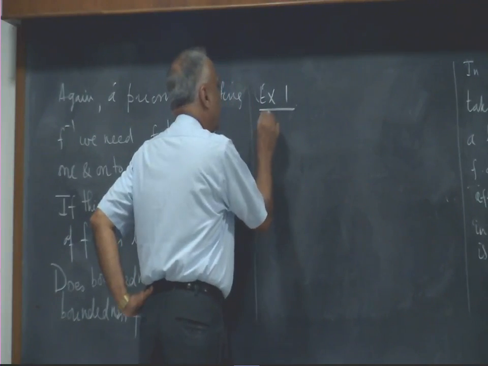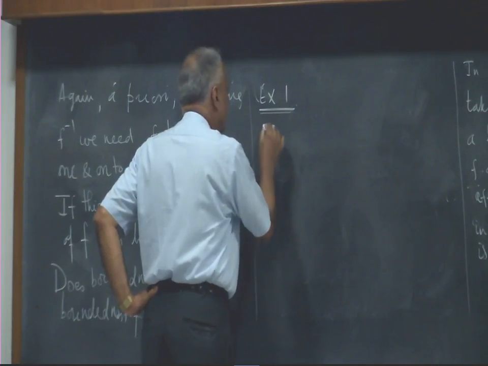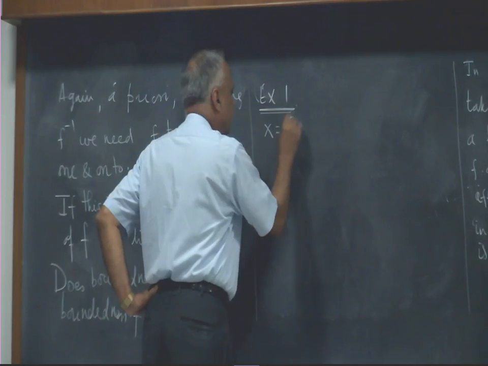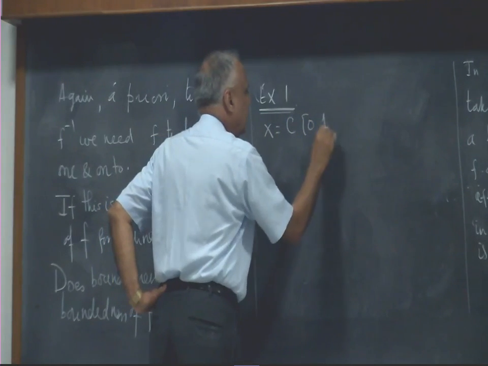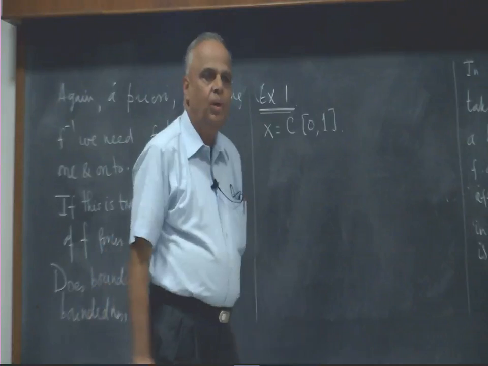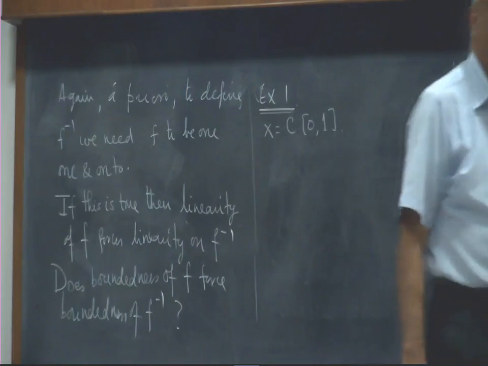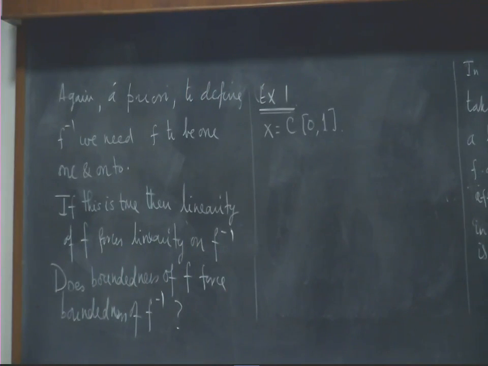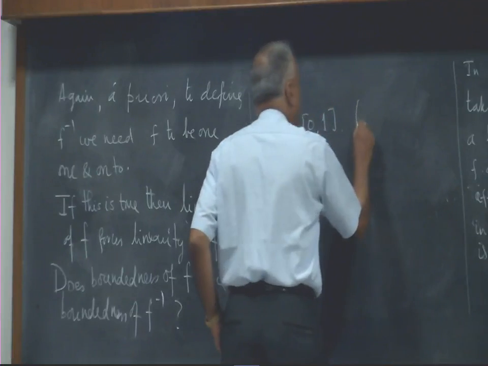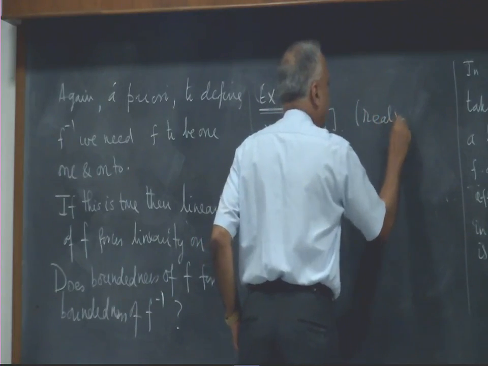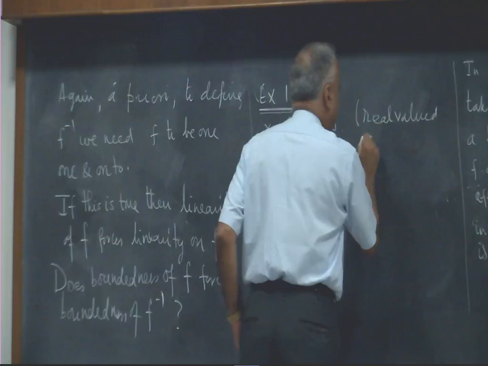Anyway, let us look at first x to be C[0,1]. What is C[0,1]? The set of all continuous functions defined on the interval [0,1], real valued.